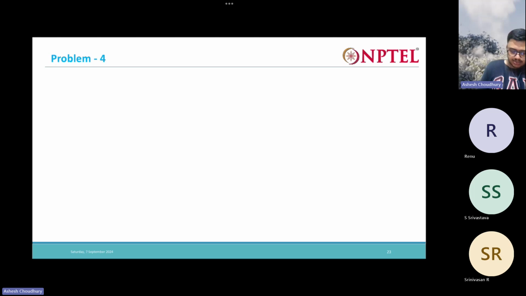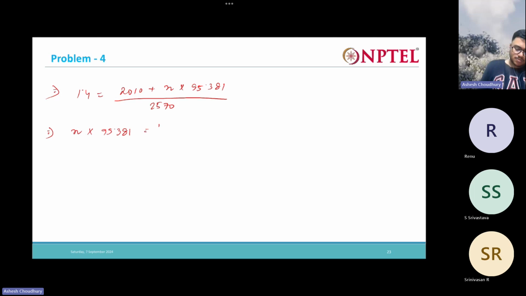So please do this. Find N from here. Find the n value.